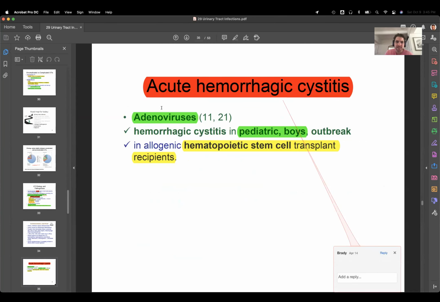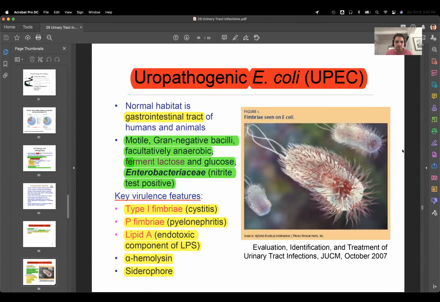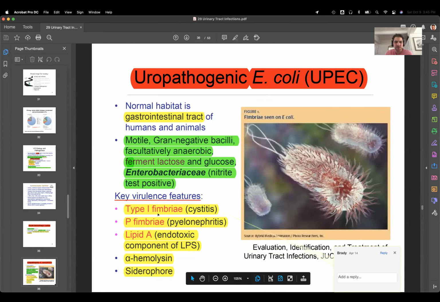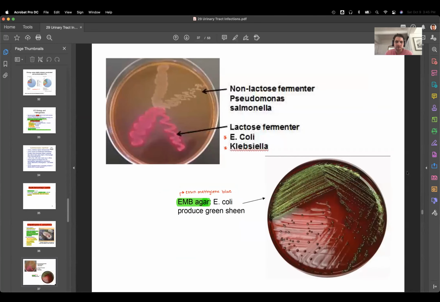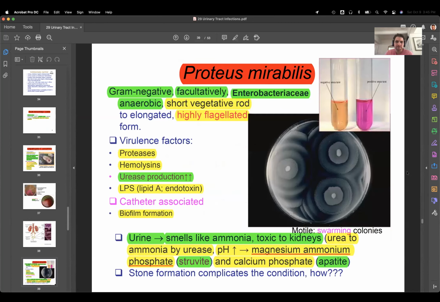Yeah, acute hemorrhagic cystitis can be caused by adenovirus. Not terribly important. The specific strain of E. coli has those standard features, those virulence factors here, lipid A. All right.